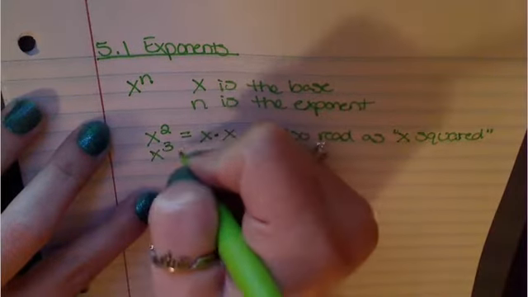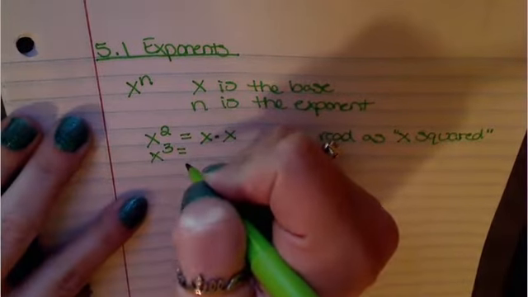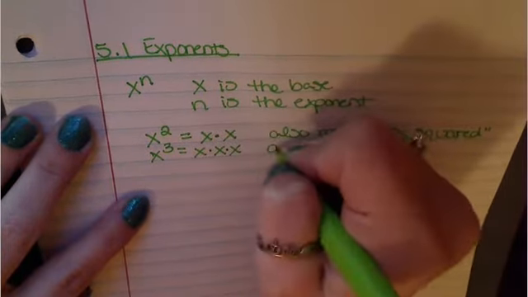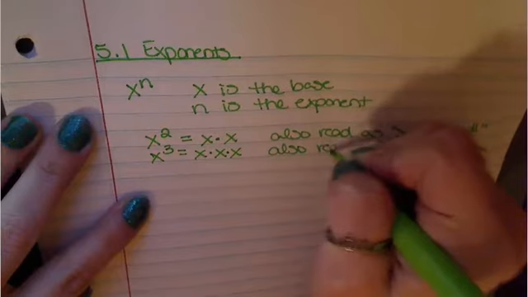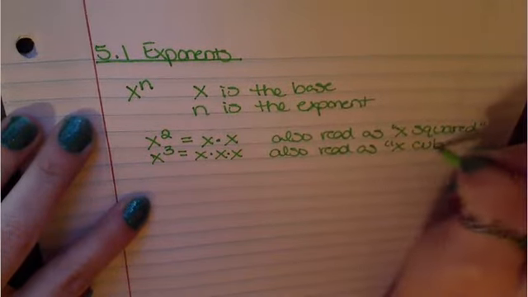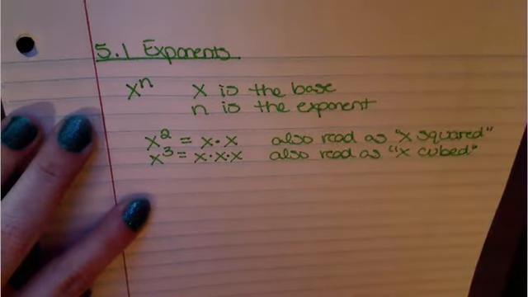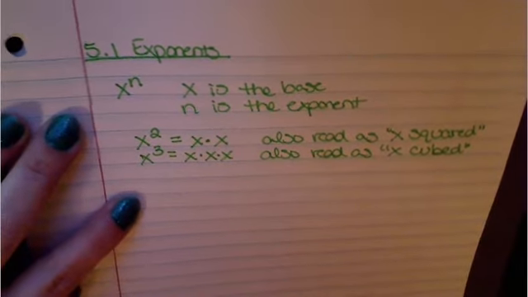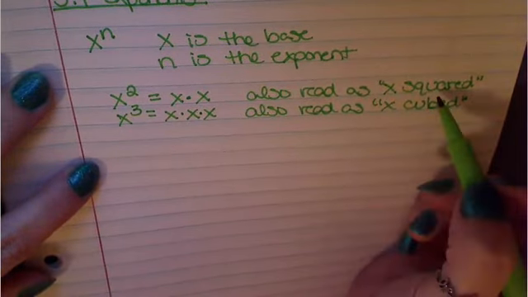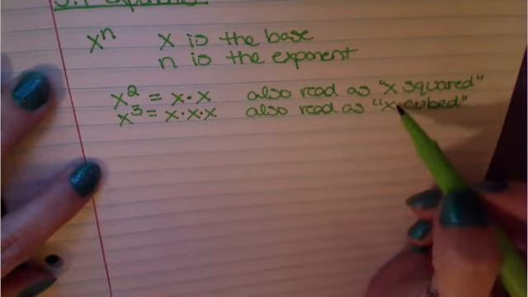X to the third power is x times x times x, and this is also read as x cubed. Those are the only two that really have a special name. So anything to the second power is going to be something squared, anything to the third power is going to be something cubed.